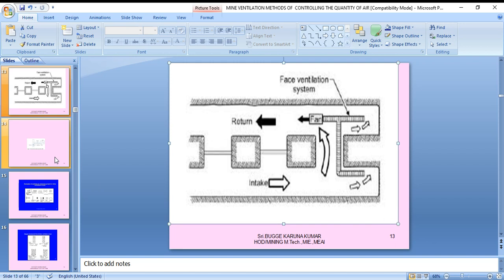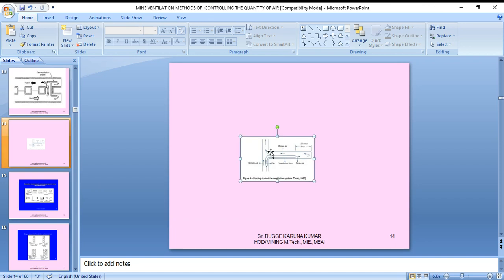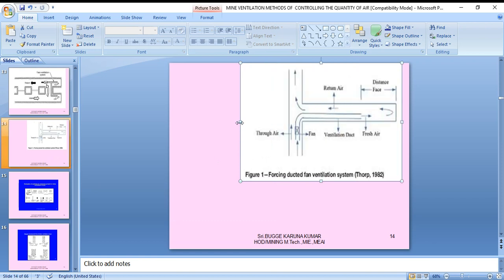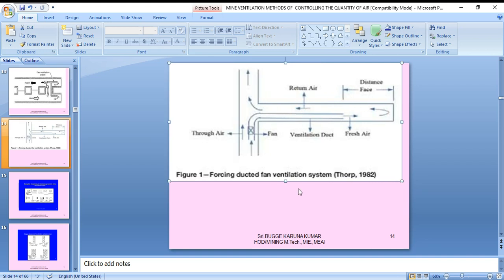And this is another figure: a forced ducted fan ventilation system. Here we observe the heading.